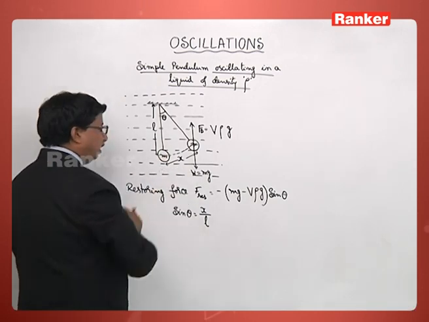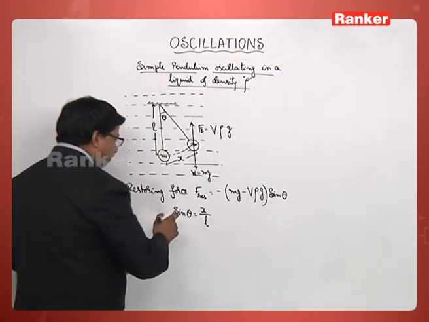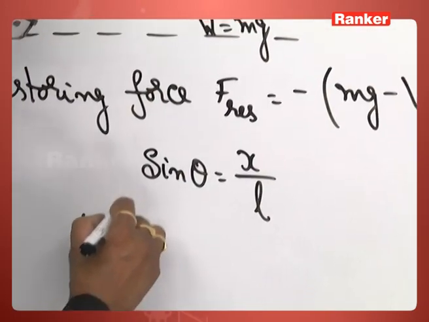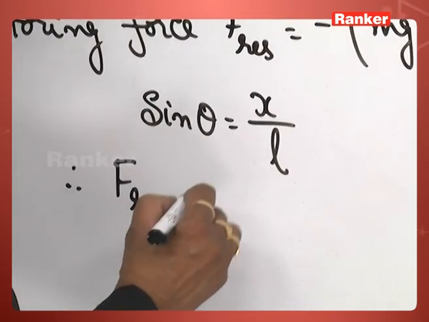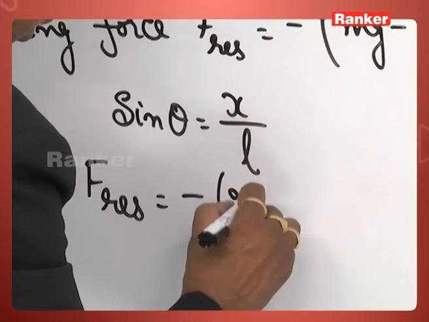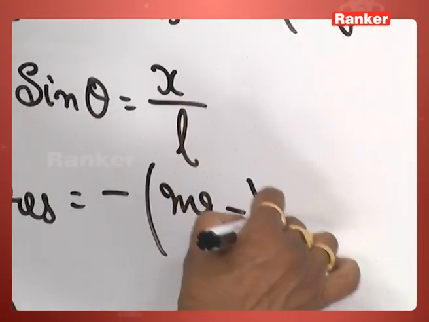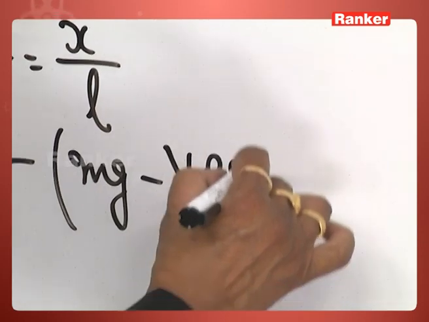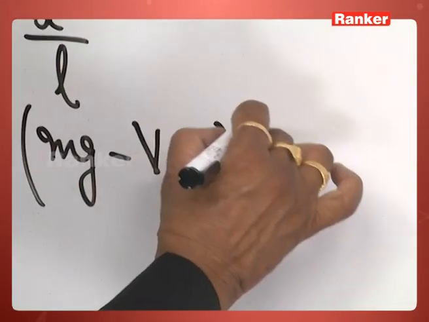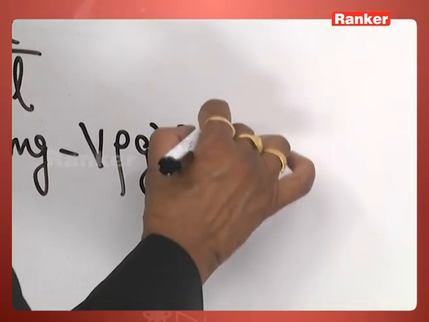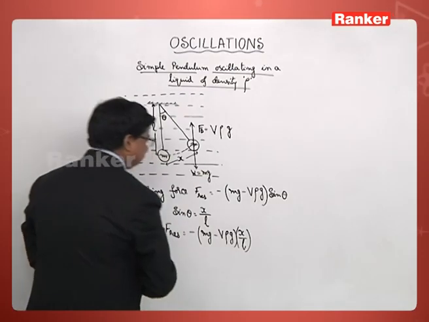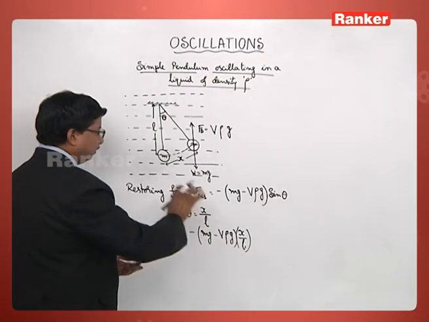Directly I can write it like that. Therefore, the restoring force that is acting is now minus of mg minus V rho g into the value of x by L. That is the concept.